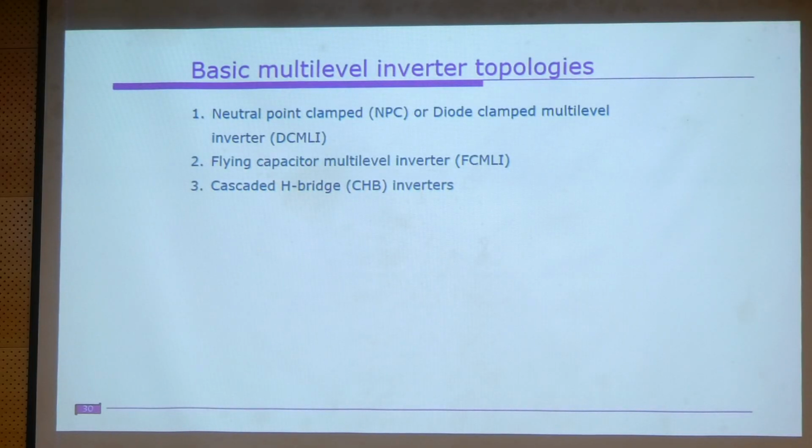All these are basic building blocks. There are other inverter topologies available in the literature, and nowadays every day one or two, or at least 5-6, new topologies are being added to the literature, but all of them are compared to these benchmark topologies.